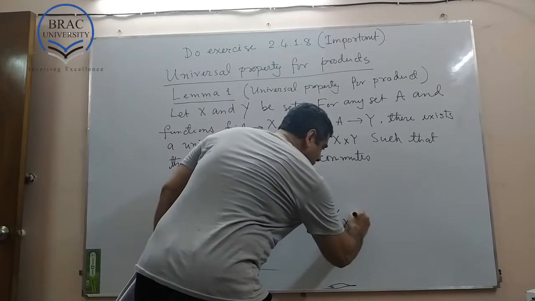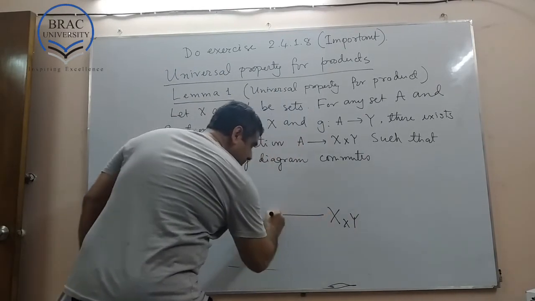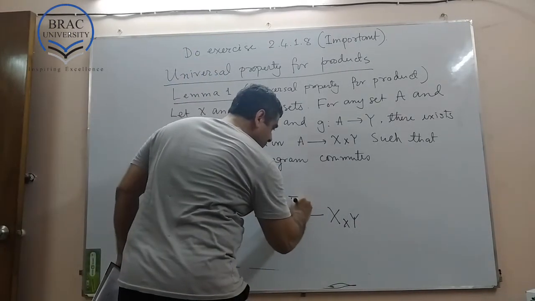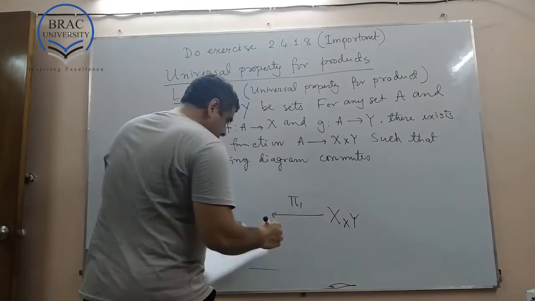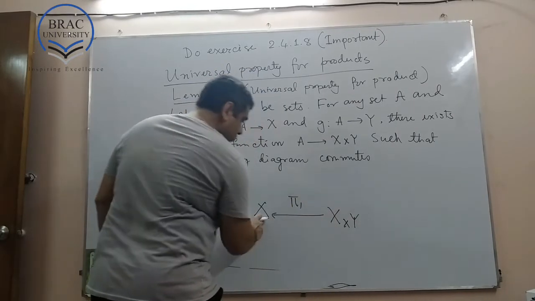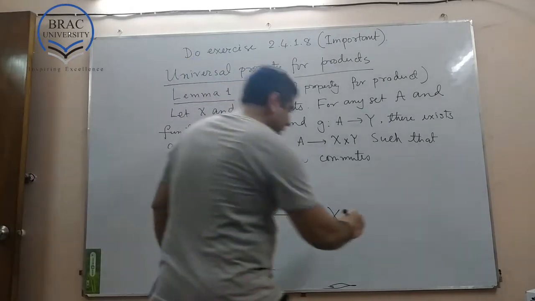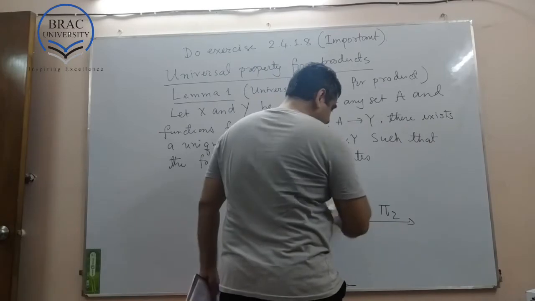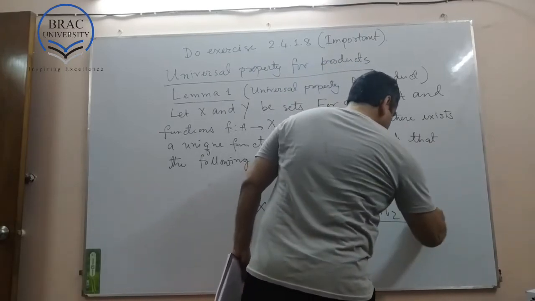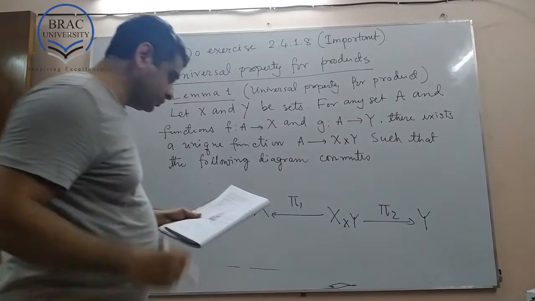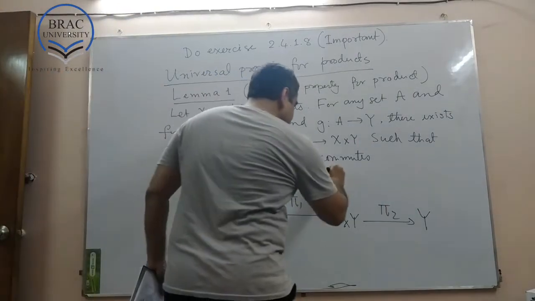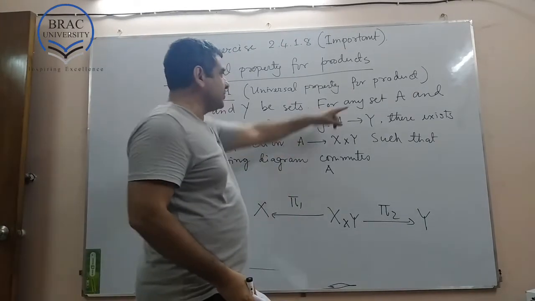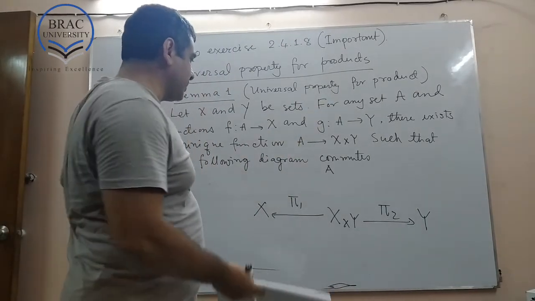X cross Y is the product, and from it we have an arrow called phi 1, which is the projection on the first factor that projects it to the set X, and on the right we have another projection, the projection on the second factor, and it projects the product onto the set Y. And there is a set A, which is any set A as written in the lemma.